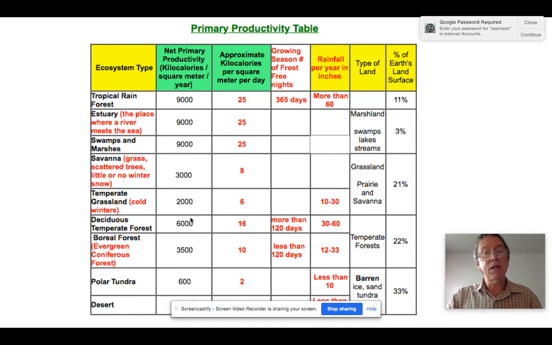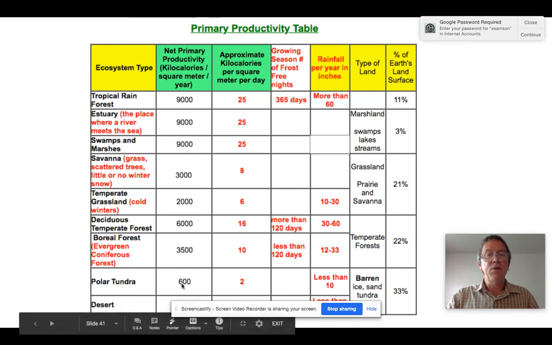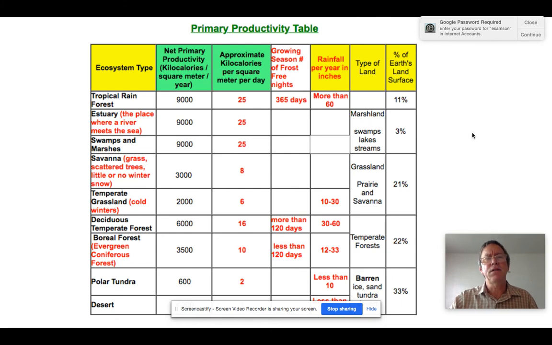Deciduous forests get a bit. Polar tundra, not much, and deserts are absolutely at the very least. And so this would be a good slide for you to take a look at apart from the screencast, because I think it tells you a pretty important aspect of how these different ecosystems are related to the amount of productivity that's possible where they are.